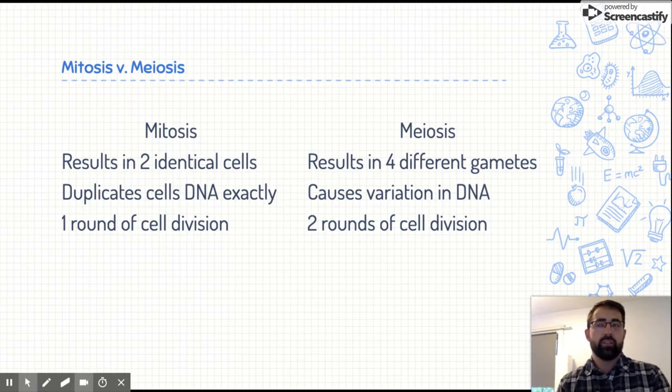And also, as the text goes on, in females and mammals, this creates 1 egg and 3 polar bodies that go with it, whereas in males, it creates 4 sperm cells. Right? In mitosis, DNA is duplicated exactly without any differences, whereas in meiosis, there's intentional variation in the system. Mitosis has 1 round of cell division, meiosis has 2 rounds of cell division.